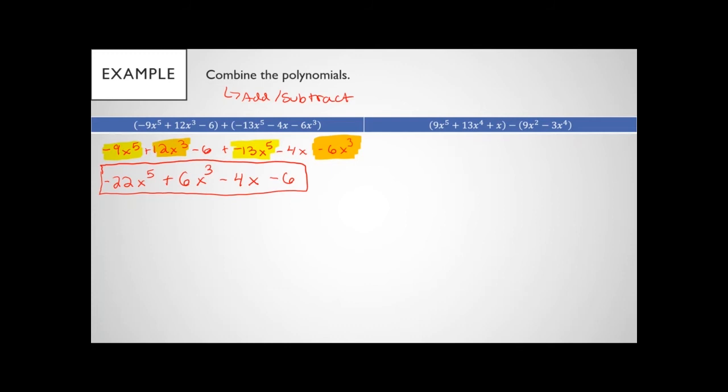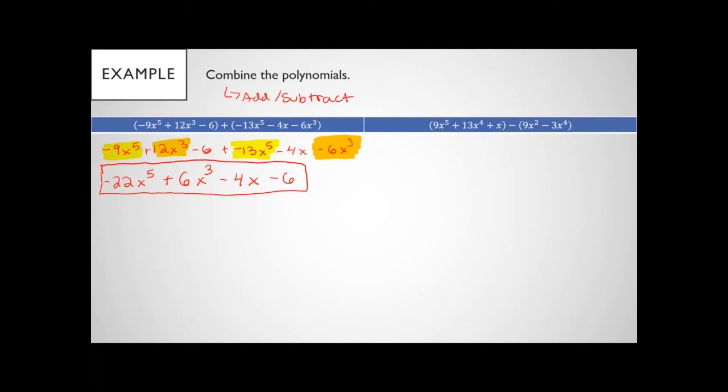We have a polynomial 9x to the 5th plus 13x to the 4th plus x, minus 9x squared minus 3x to the 4th. Whenever we're subtracting and you have parentheses, you always have to distribute and treat that like a -1. We did that when you had to do some stuff with distributing with the order of operations. So I'm actually going to rewrite this.